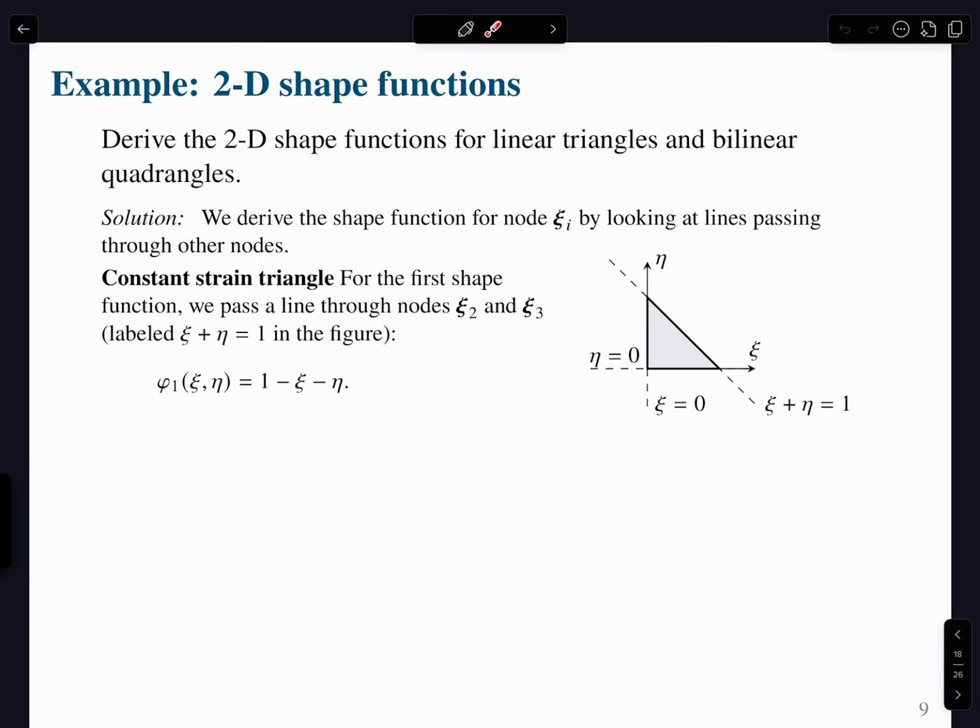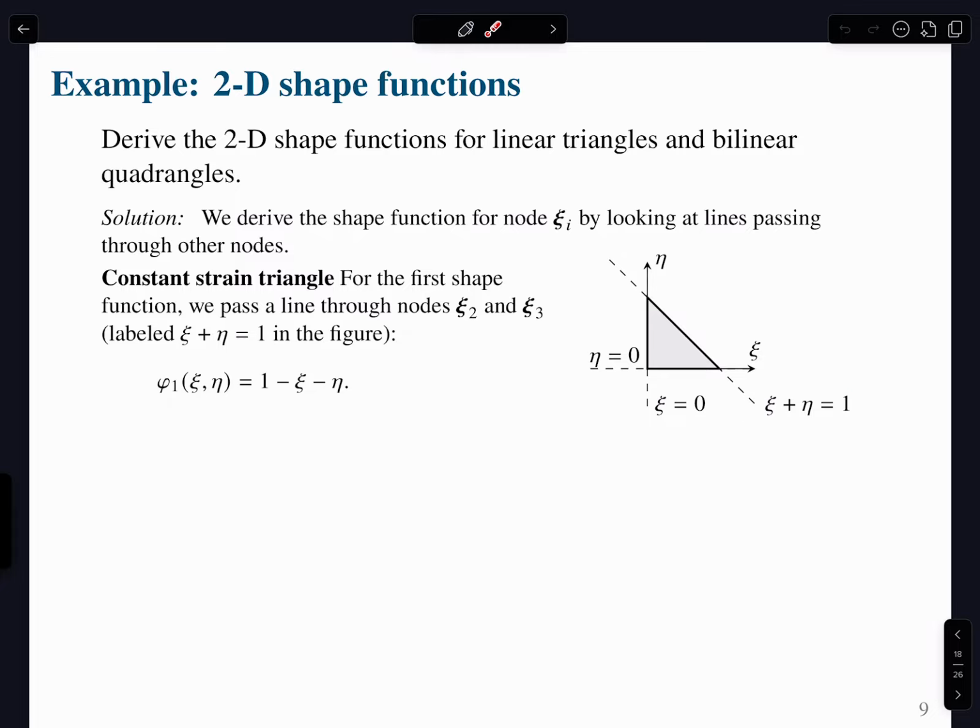So in this particular case, there is this function here, xi plus eta equals 1, right? And if I just look at this function, that already gives me the shape function associated with that first node, because obviously the distance from this node to that line is equal to 0, the same here. And so if I take that, my first function is going to be 1 minus xi minus eta.